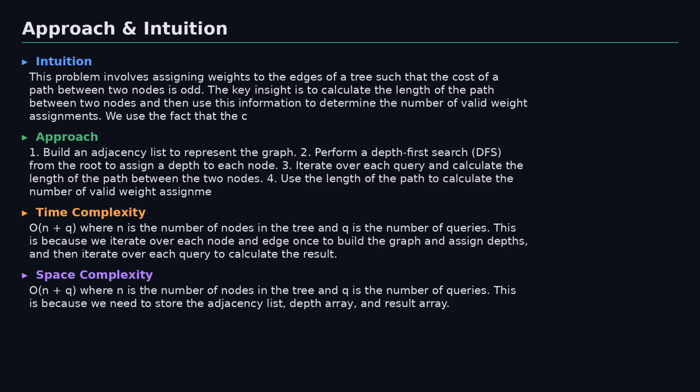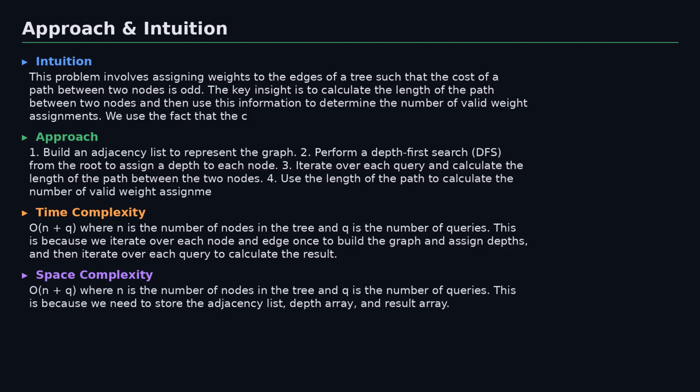If the length is odd, we also need to have an odd number of edges with weight 1. This is because the cost of the path is odd if and only if the number of edges with weight 1 is odd. It's like flipping a coin, where heads represents an edge with weight 1 and tails represents an edge with weight 0.